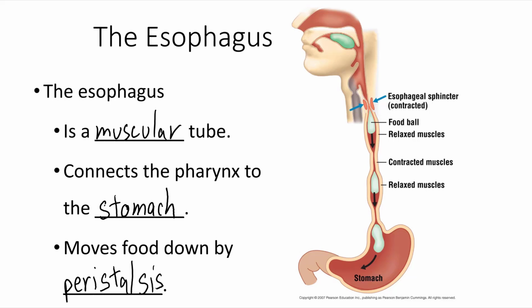And this peristalsis, once it's been triggered, is involuntary. It means it just happens. You can't think about it, you can't control it once the process has begun. And from this point on, the movement of material through the digestive system is primarily involuntary.